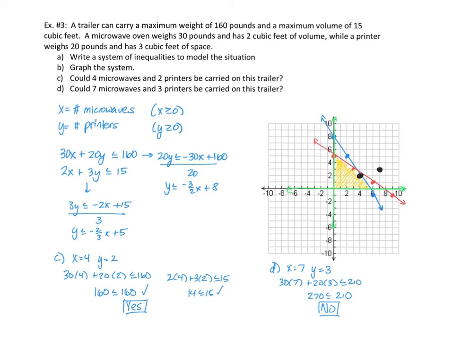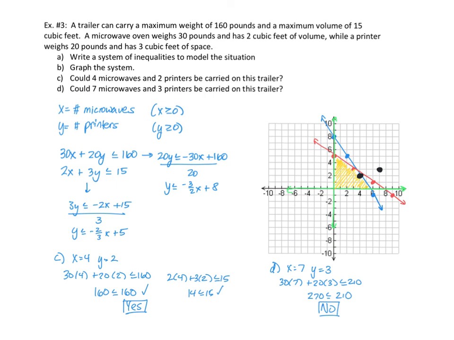So writing a system of inequalities means we're determining what our variables represent. So here, number of microwaves and number of printers. And then using those x and y definitions, we can write one inequality that goes with our number of pounds and one that goes with our cubic feet of volume, and keeping in mind that x and y also need to be positive values because of our situation.